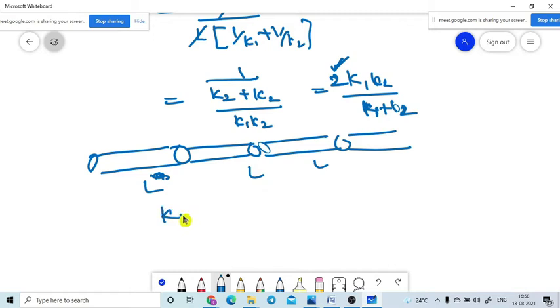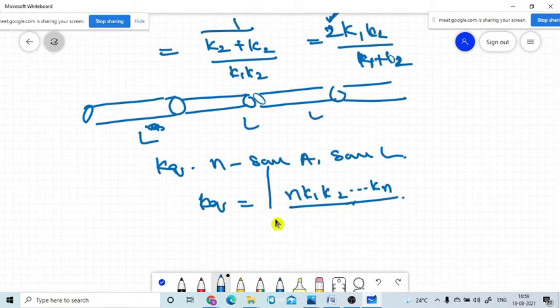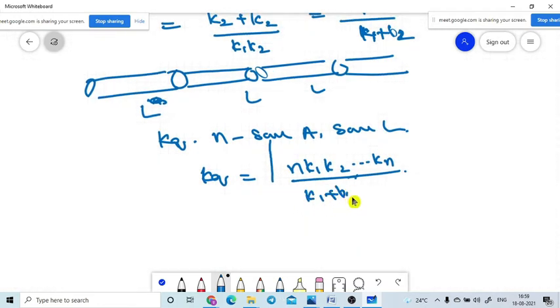That is equal to K equivalent for N materials of same area, same length, K equivalent is equal to N, K1 K2 and so on in the numerator, and down below we will get K1 plus K2 plus and so on Kn. Is it correct only now? Yes, sir.